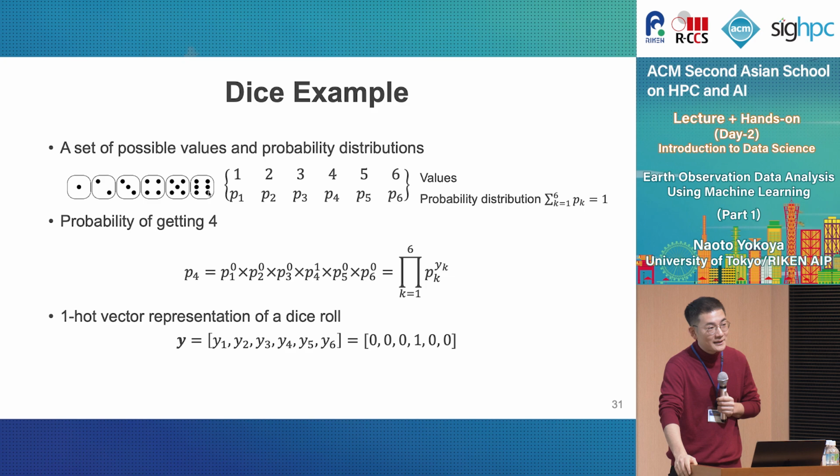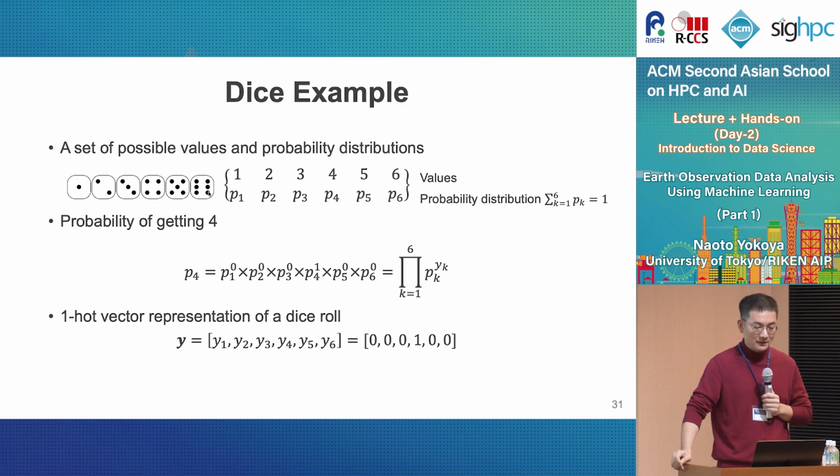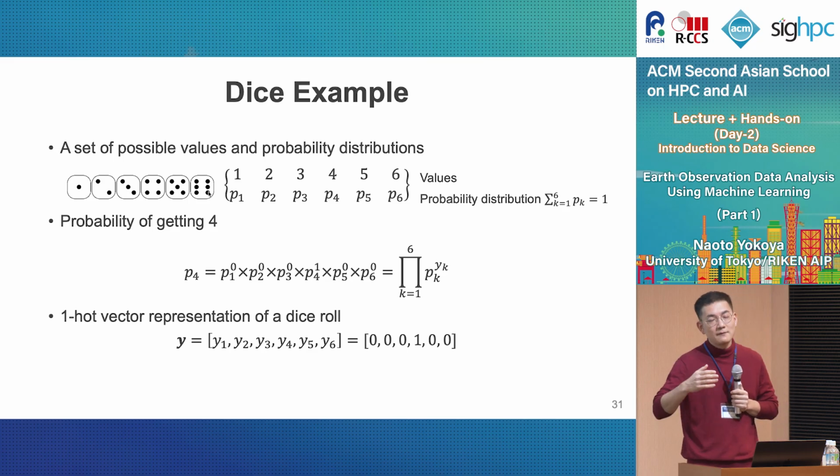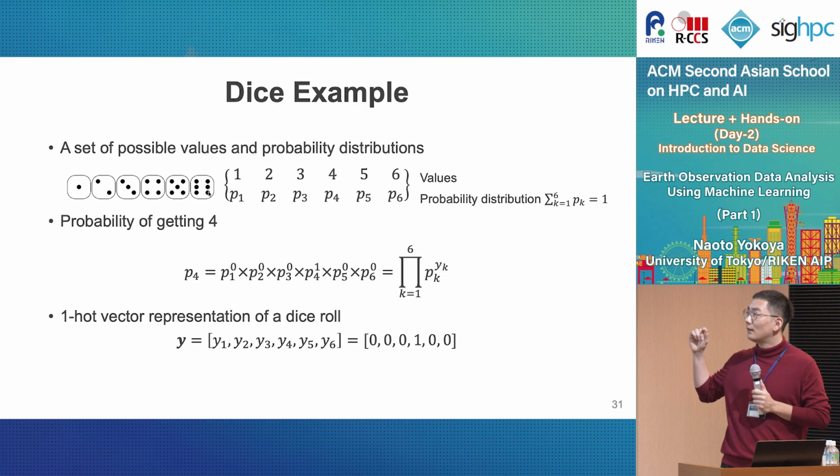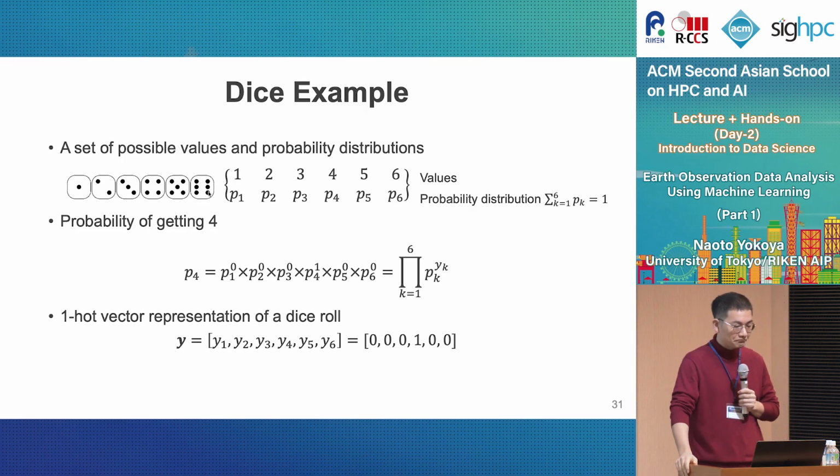So for those who already know, maybe it's simple, but if it's first time for you, let's think about a very simple example, dice example. The possible values are 1, 2, 3, 4, 5, 6, right? And the corresponding probability is P1, P2, blah, blah, blah, P6, right?